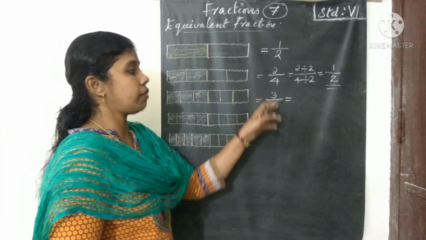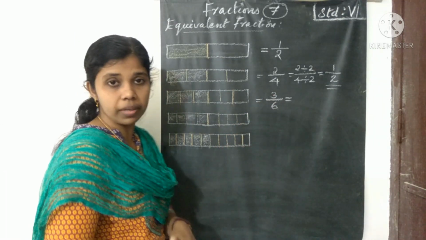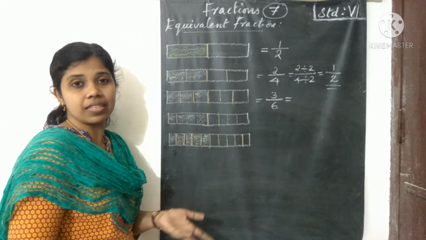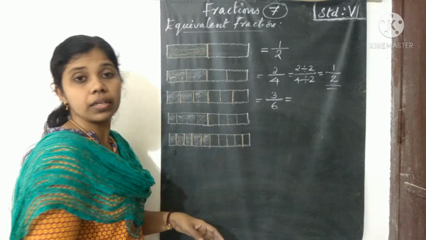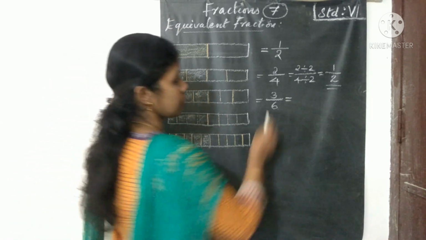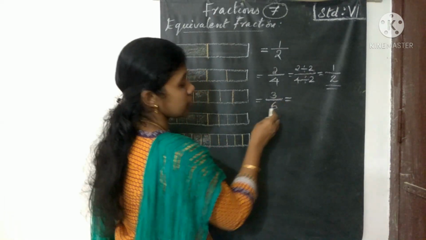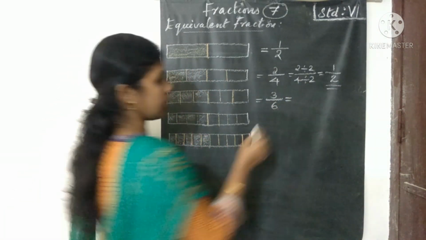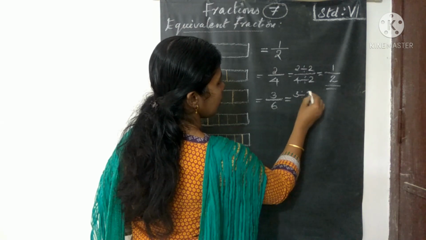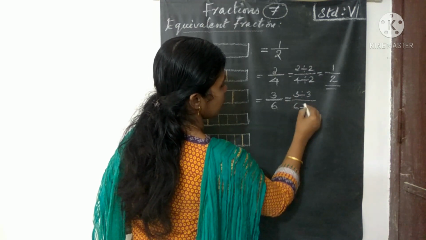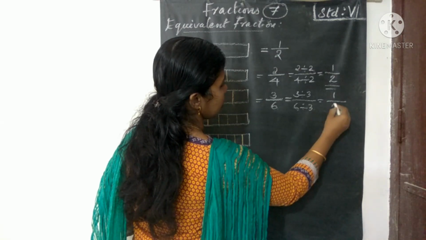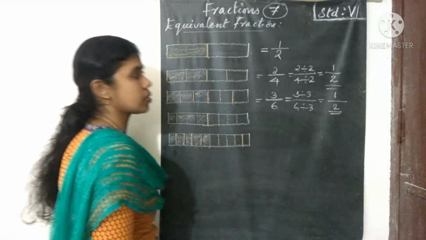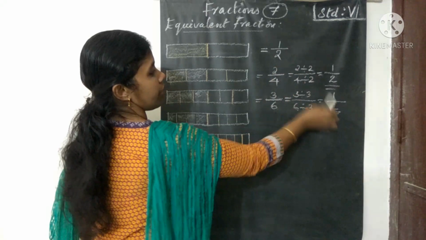Take the common factor of the numerator and denominator, then use cancellation, that is, divide the numerator and denominator by that common factor. Here the common factor is 3, as 3 and 6 are multiples of 3. So 3 divided by 3 equals 1, and 6 divided by 3 equals 2. So we got the same fraction.